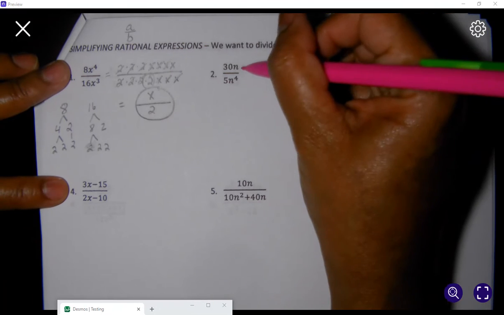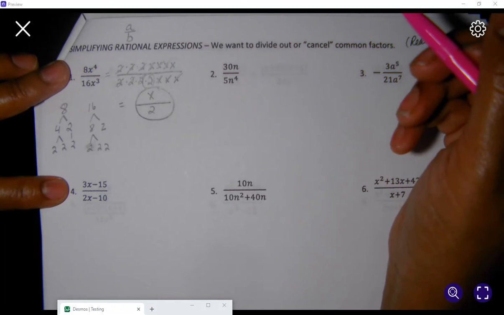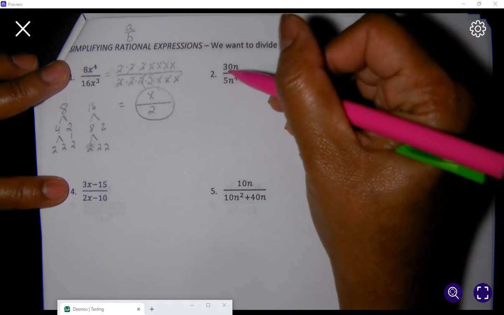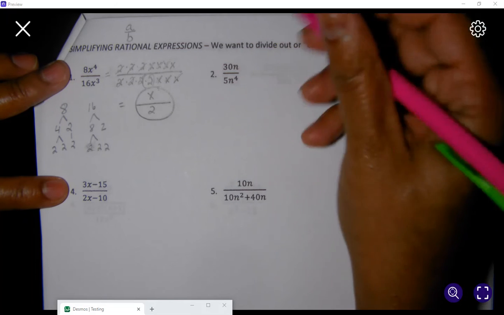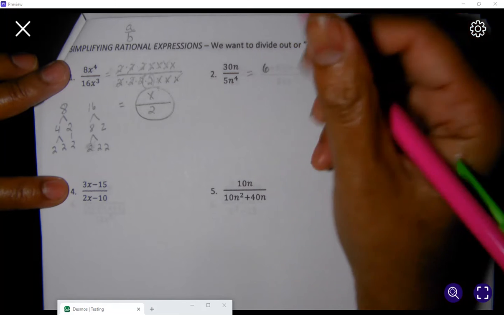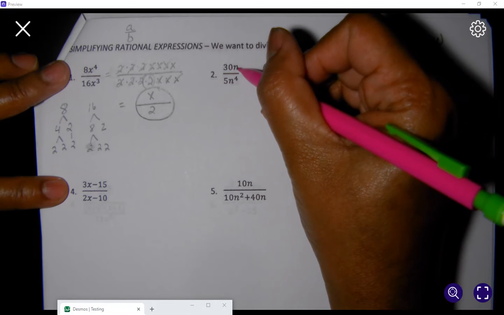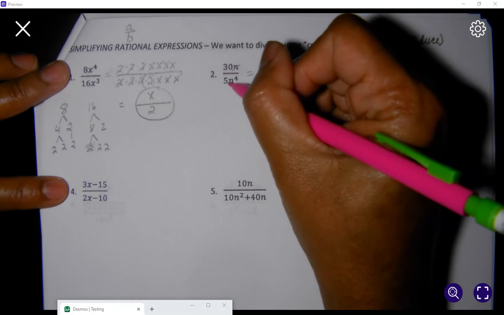What we can generally do is think about the greatest common factor between them. So we know that 30 and 5, this is just 30 divided by 5, which is equal to 6. And then I have one n in the numerator and four n's in the denominator, so I can take out at most 1.